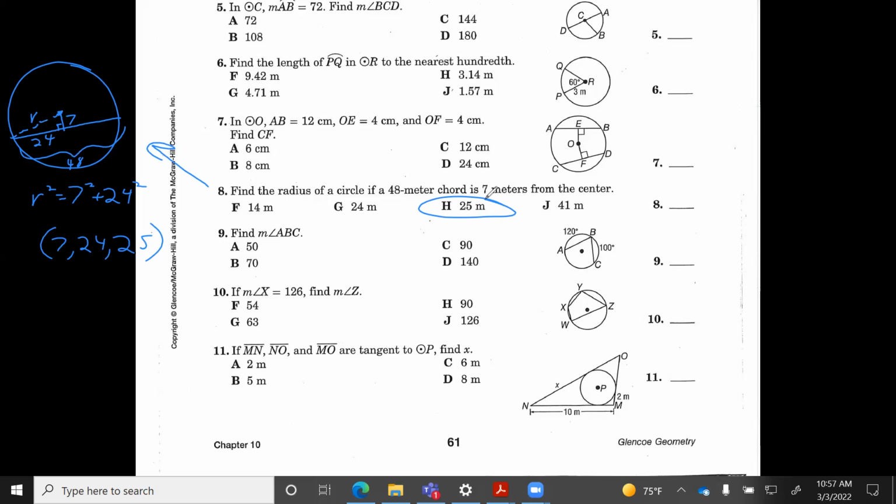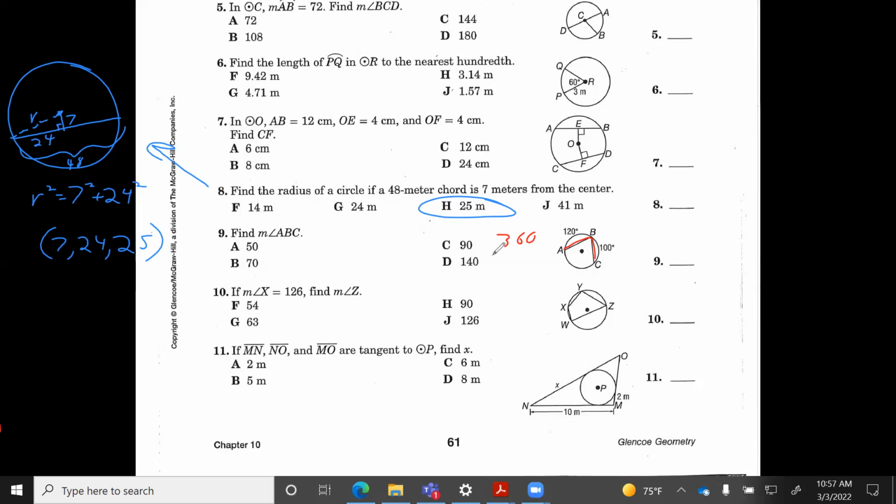On 9, find measure of ABC. So angle ABC. All right. Well, here's ABC. ABC is intersecting this arc that is not labeled. We know all the arcs in a circle have to add up to what? 360. So 360. Subtract off these other 2 values here.